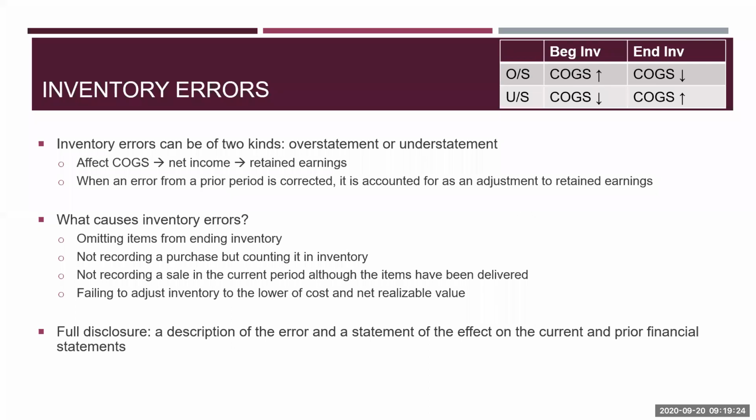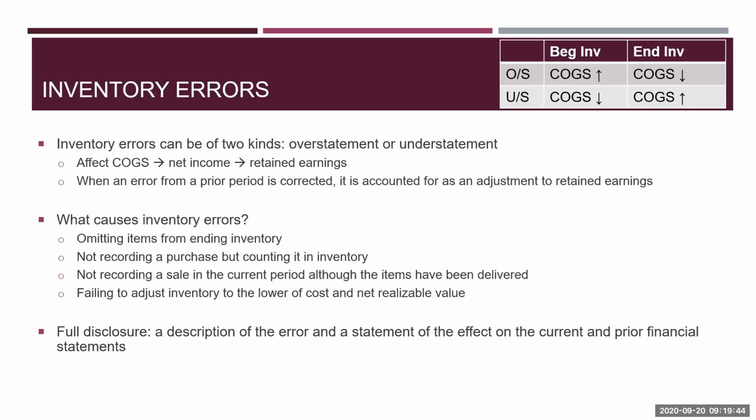And when you think of your inventory account, it is a balance sheet account, which is a permanent account. So the balance in that account goes from one year to the other. Your beginning inventory will become the ending for the next period.